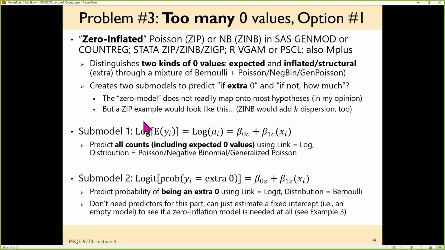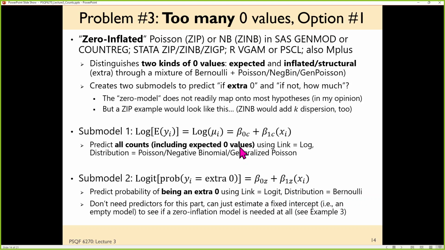And the key thing that makes this weird, in my opinion, is that the count model still includes 0. It's still predicting the count of events using either Poisson or negative binomial, including 0. And then there is an extra submodel where we are predicting the logit of the probability of being an extra 0.